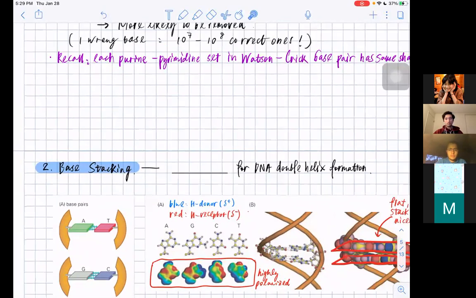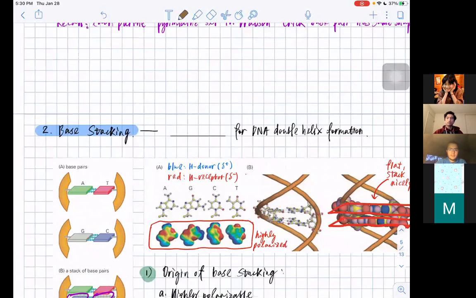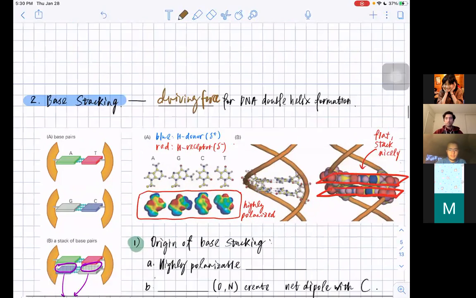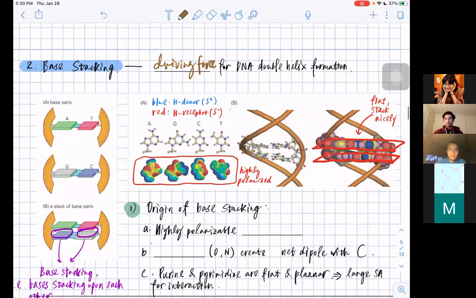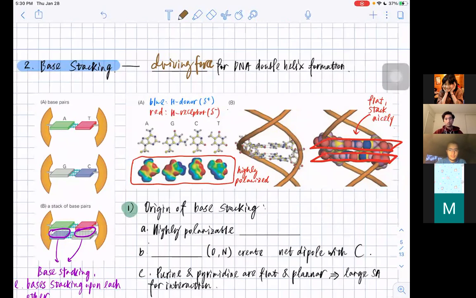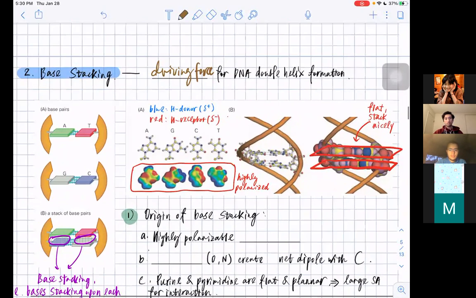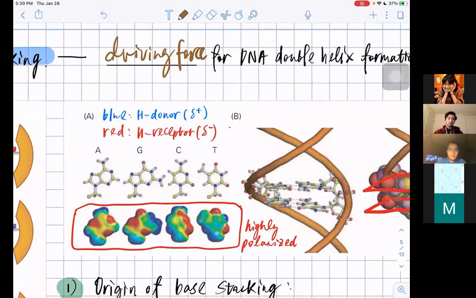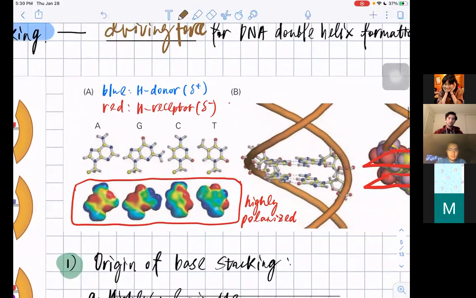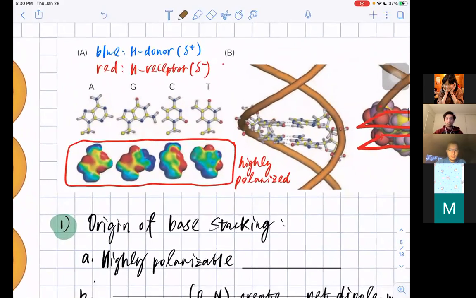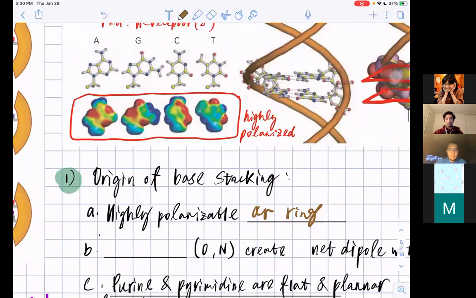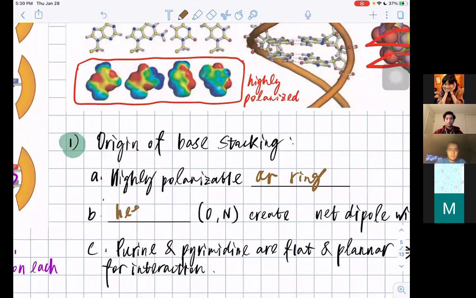Okay, so let's talk about base stacking, which is the driving force for DNA double helix formation. Why is there base stacking? If we look at those bases, the purines and pyrimidines are highly polarized substituted aromatic rings, and they have heteroatoms like oxygen and nitrogen.